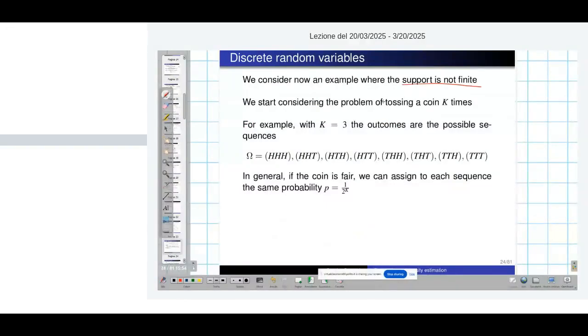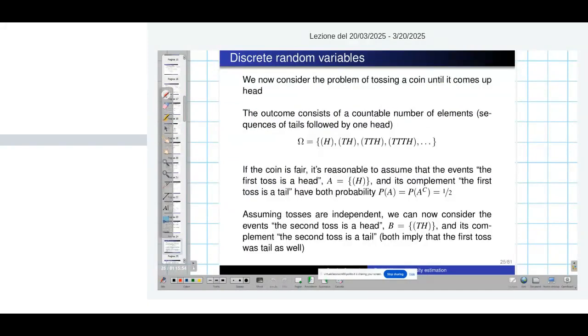Now we can have a discrete random variable that has an infinite number of values. For example, if you consider the problem of tossing a coin until it comes up head, the possible outcomes are: I get head, tail followed by head, 2 tails followed by head, 3 tails followed by head, and so on.